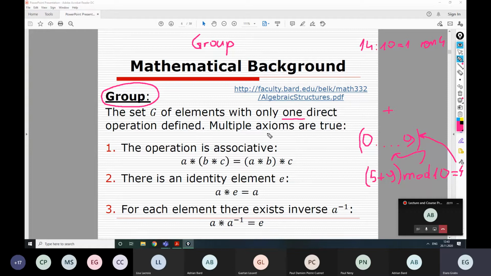So what are these axioms that must be true in order for this set with a single operation to be a group? First of all, the selected operation must be associative, meaning that the order of operation execution is irrelevant. We can either add, for example, A to B and then afterwards add C, or we can add first B and C and then A. That would give the same result.